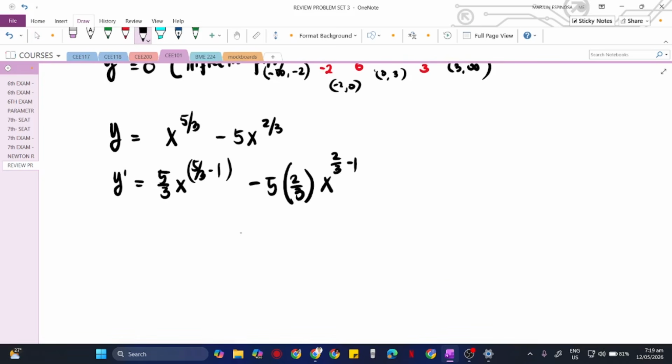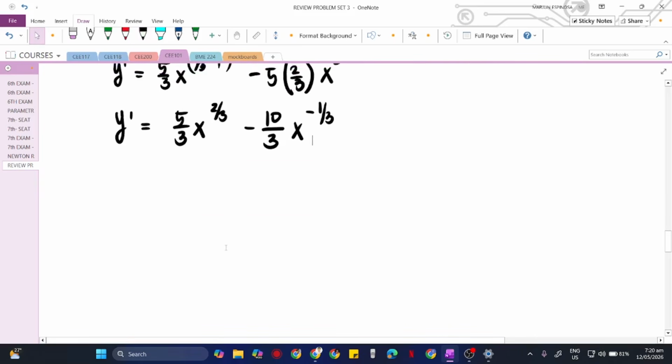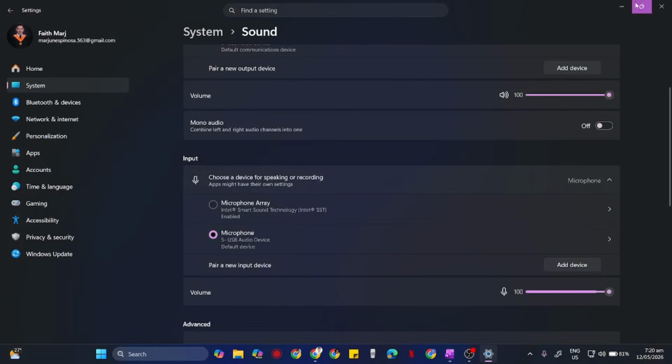And then, simplify natin to. Y prime equivalence of 5/3 x to the 5/3 minus 1, as I've said, that is 2/3. Minus 5 times 2, that is 10/3, then x to the 2/3 minus 1, that would give us negative 1/3. Okay? That is for our first derivative. Kung i-equate natin to 0, ang makukuha nating sagot are critical points.